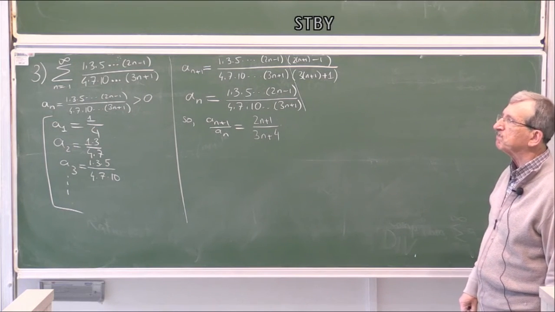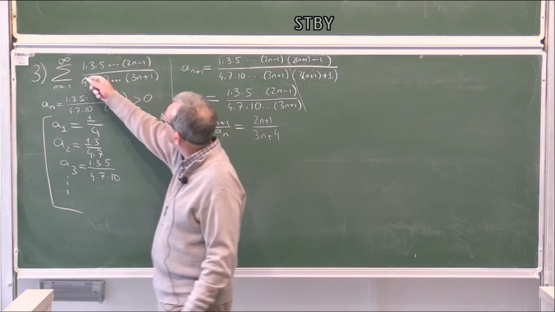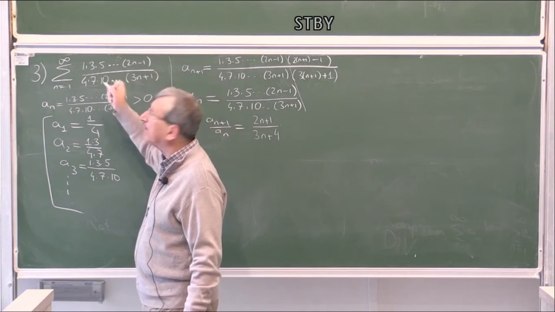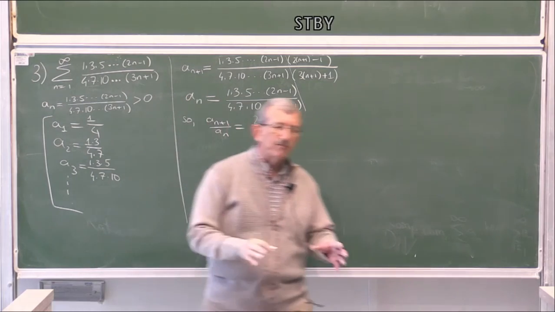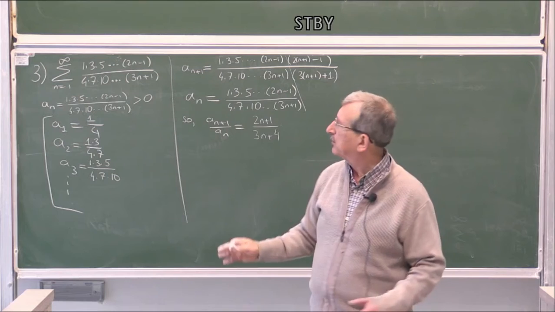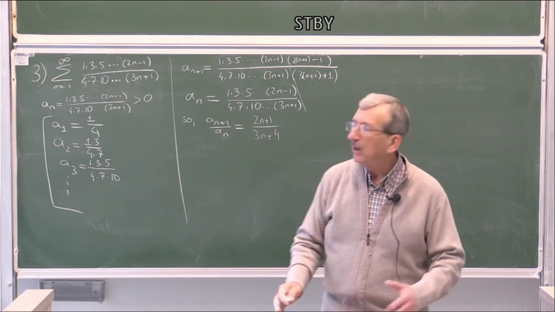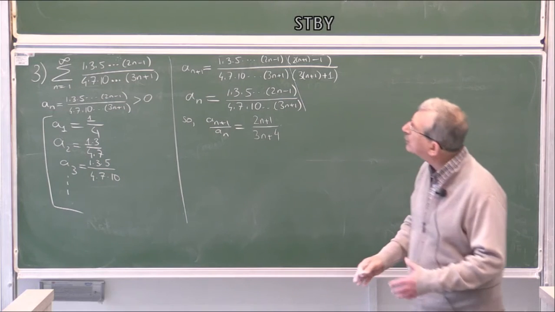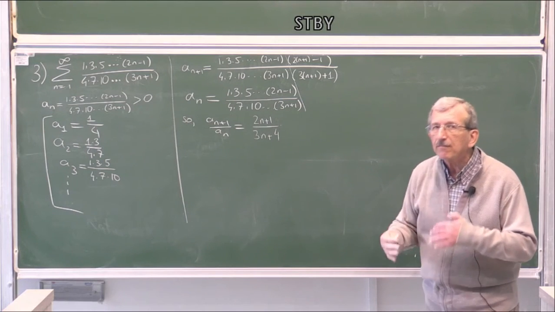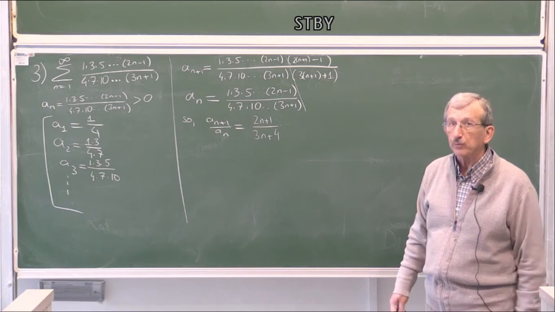Now, because the general term is given in product form, and product form looks like factorial, of course, you can express both of them in terms of factorials, by the way. So we preferred to use the ratio test instead of the root test. It would be a mess here to use the root test.